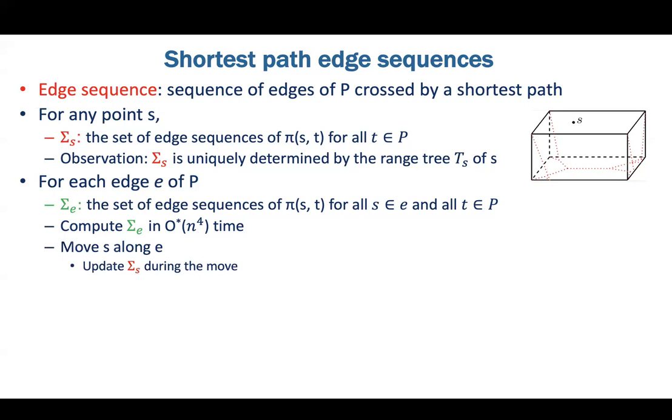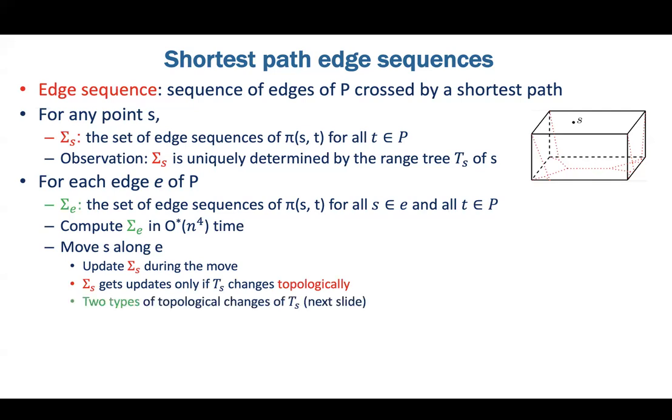The strategy to compute sigma E is we're going to move S along E. We're going to update this sigma S during the move. And we find that sigma S only gets updated if the ridge tree changes topologically. We find there are two types of topological changes, which we're going to show in the next slides.